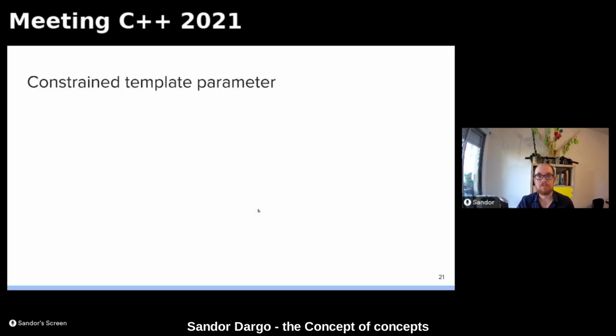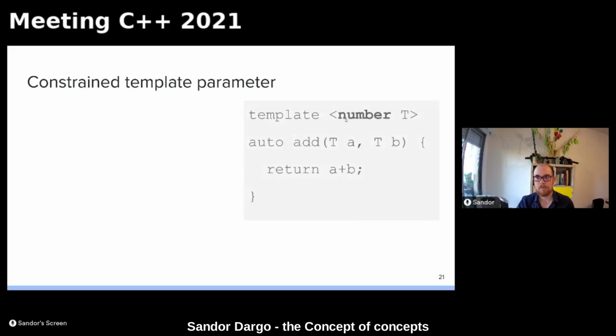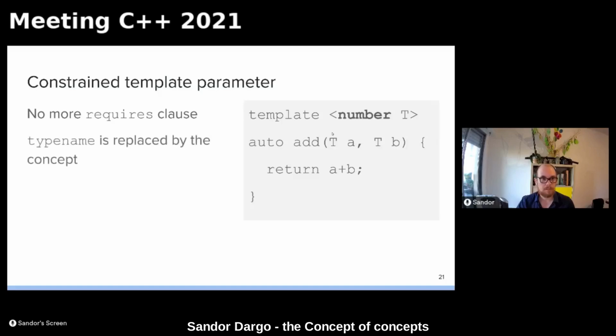But with the constrained template parameter, when you put, instead of the typename, the concept name, it's a bit different. Okay, so you have no more requires clause. That's why we also call it shortened notation, because it's simply shorter, because we just simply replace the typename.